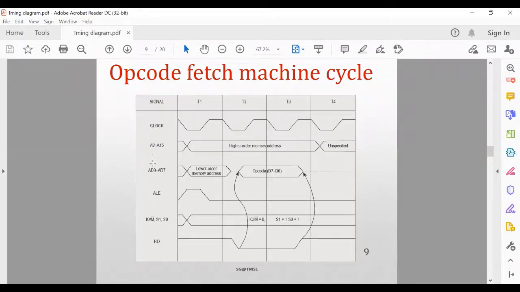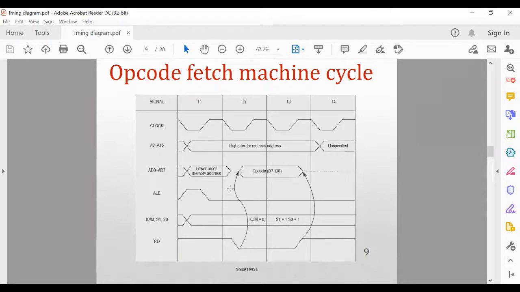These signals: the clock signal, the upper 8-bit address bus, the lower 8-bit multiplexed address and data bus, the ALE signal, the status signals, and the control signal read bar or write bar, whichever is required. So it needs these 5 signals to represent the binary labels in pictorial form.